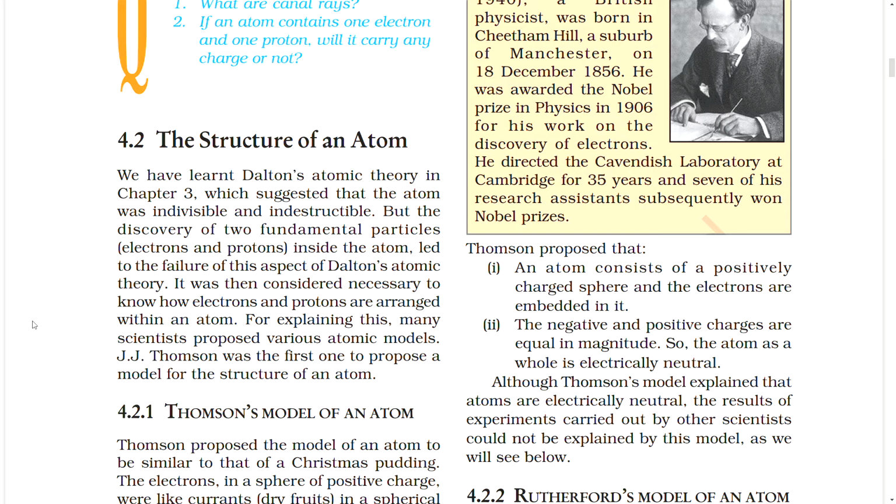It was then considered necessary to know how electrons and protons were arranged within an atom. To explain this, many scientists proposed various atomic models. J.J. Thomson was the first one to propose a model for the structure of an atom.